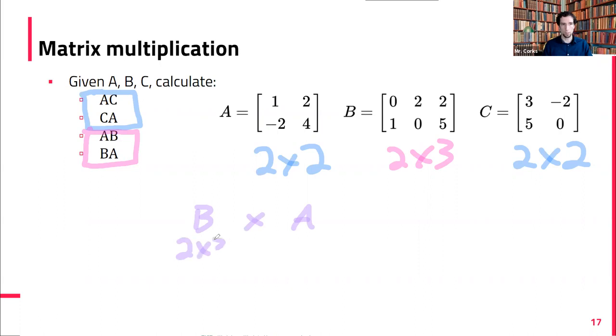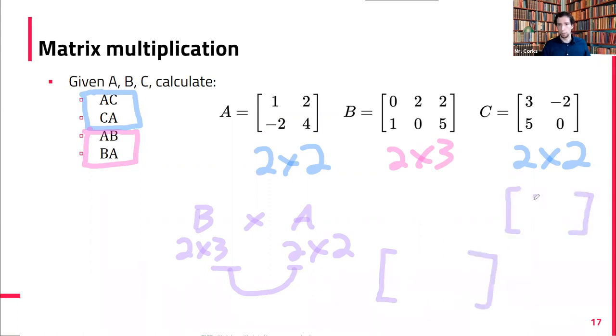B is 2 times 3 and A is 2 by 2. So the inside numbers didn't match, which we discussed and said, okay, that's why it's not going to work. B was a 2 by 3, A was a 2 by 2.